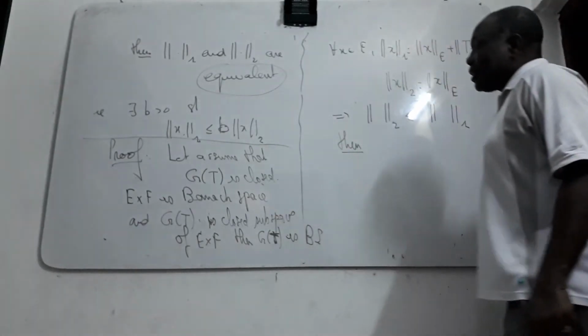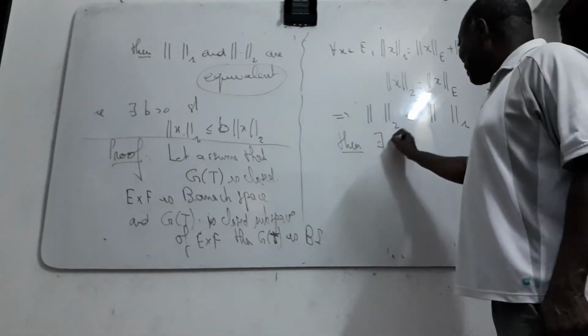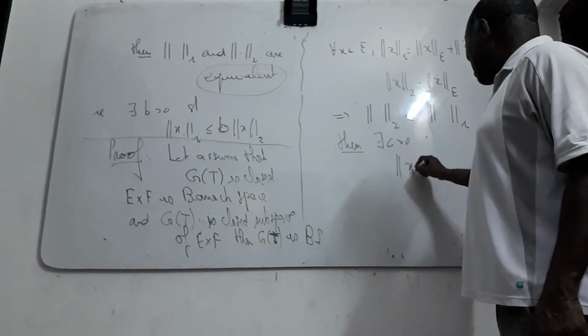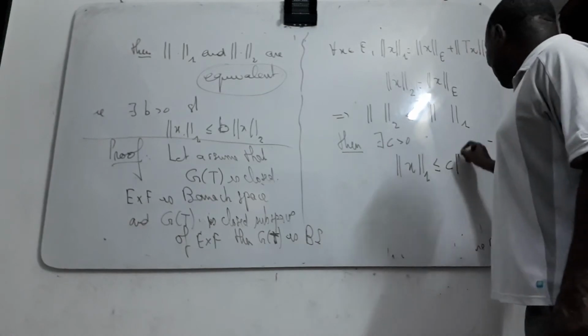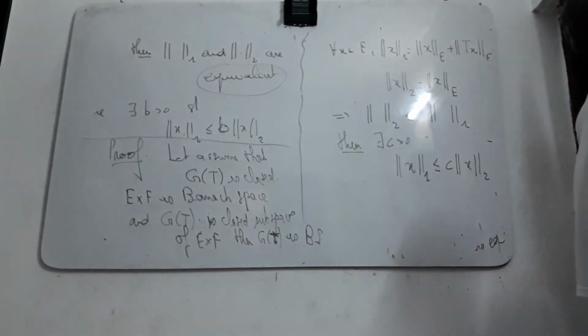Then if you use the lemma, then there exists C such that the norm of this one must be less than C times the norm of this.